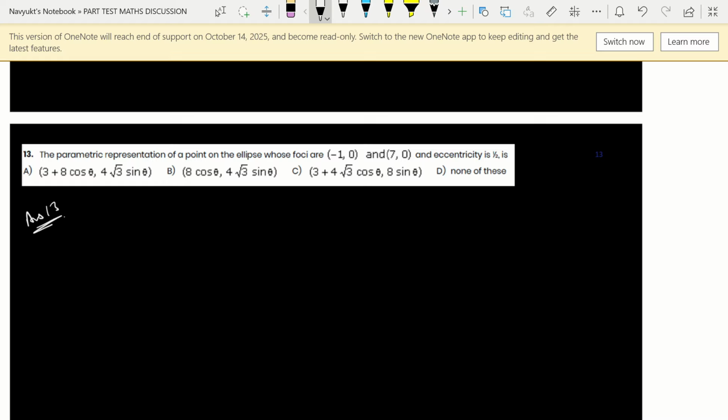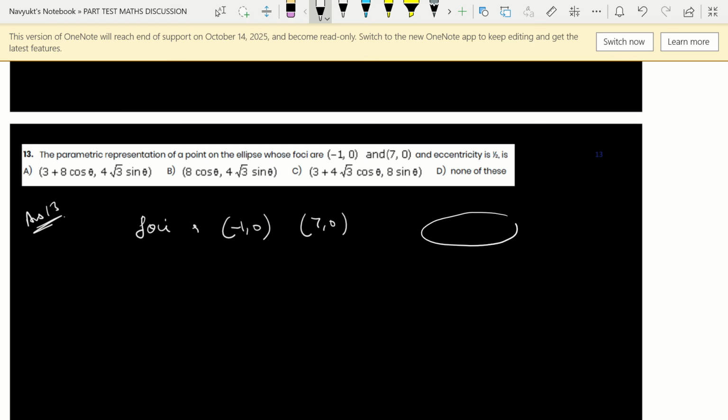Okay, we just need to find the equation of the ellipse, and by that we will get to the parametric representations. For finding the equation of an ellipse, first of all, we should have its center and its a and b values. Here, what they have given, foci are minus 1 comma 0 and 7 comma 0.